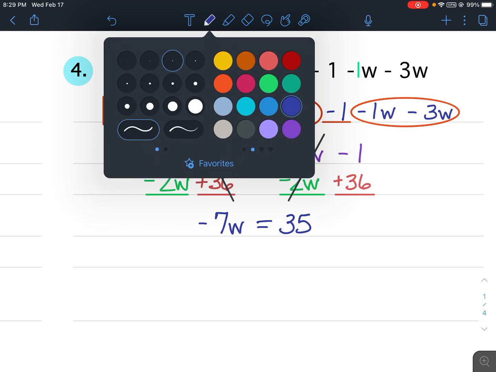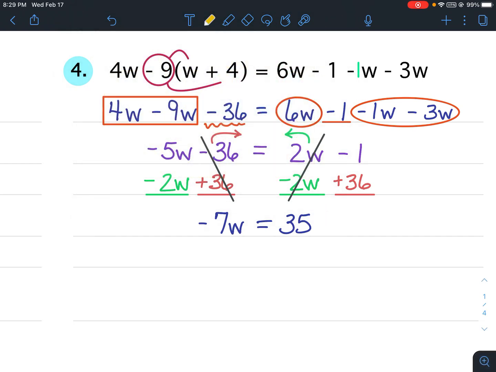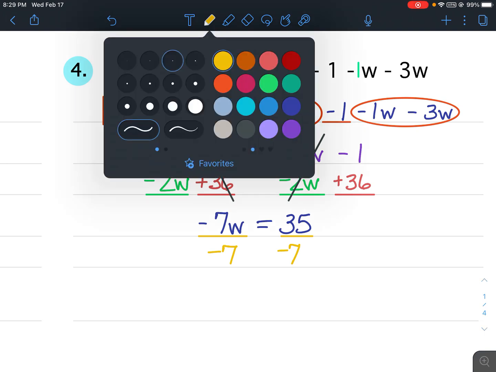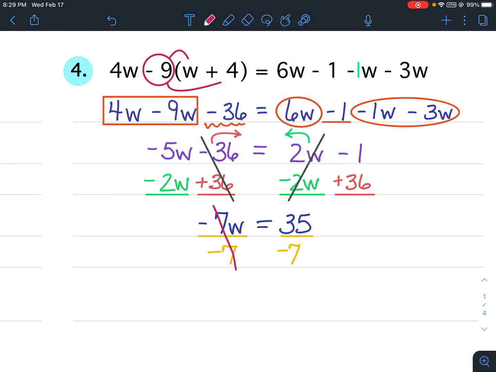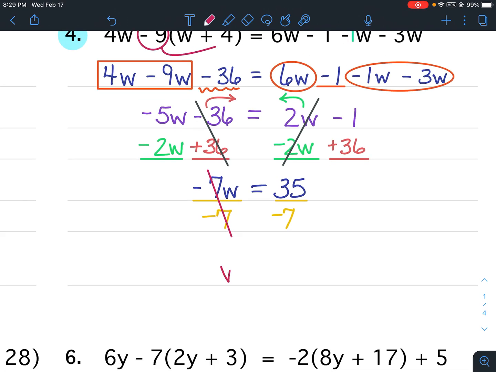Last step would be to divide both sides by -7. 35 divided by -7 is -5.